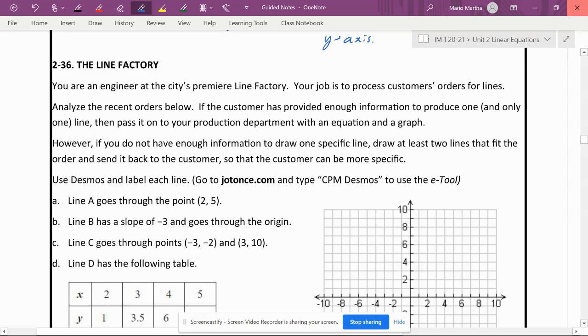All right. So again, the customers give us an order and we've got to make sure that we can produce one and only one line. However, if you don't have enough information to draw one specific line, draw at least 2 lines that fit the order and send it back to the customer so that the customer can be more specific.